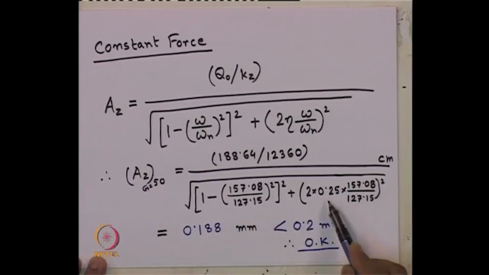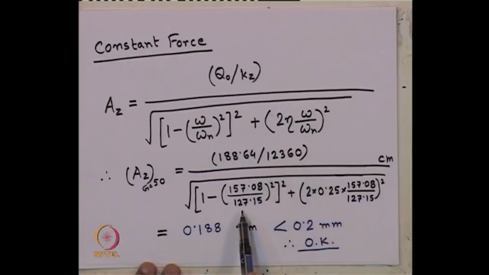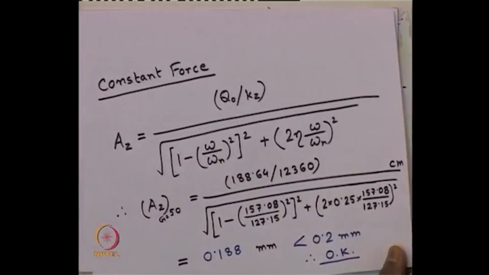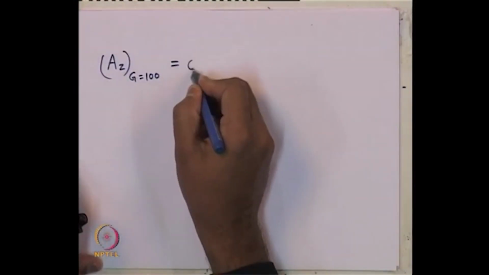Eta and omega will remain the same, but omega n will change. So, what were the values? Kz for G equals 100 TSF is 24720; here we need to put 24720. Omega n at G equals 100 is 179.82 CPS. We need to put it here, and here also, 179.82 CPS.